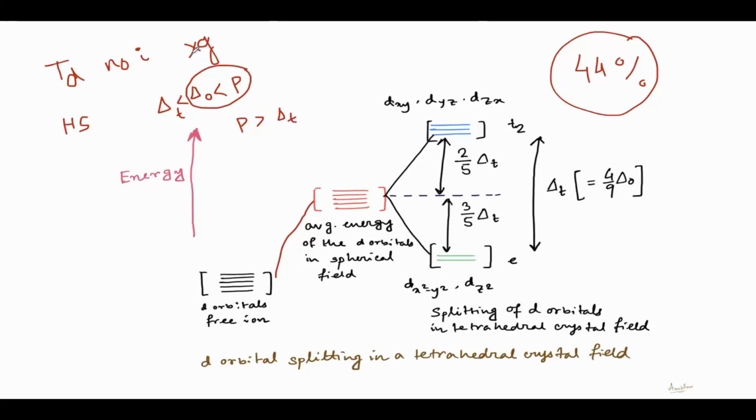The orbital splitting energies are not sufficiently large to force pairing. That's why low spin configurations are rarely observed. The high spin configurations are the ones which are majorly observed.